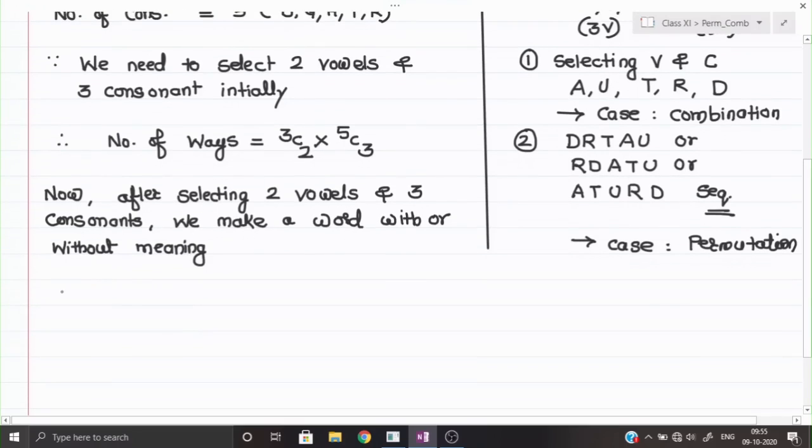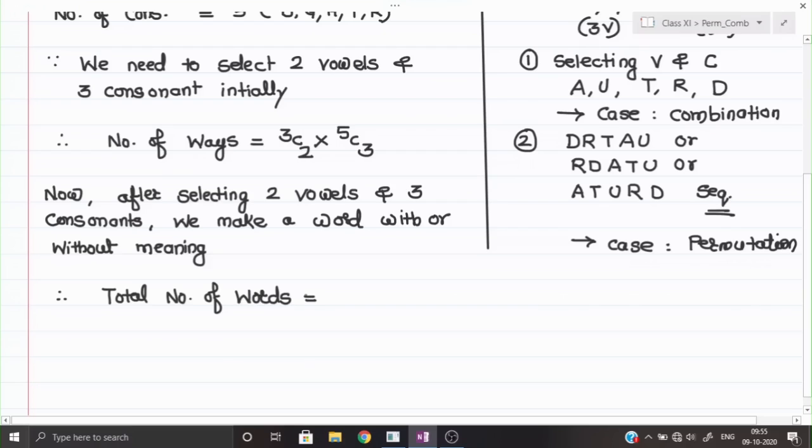So that we will write down, therefore total number of words. How many words can be formed? Now see, how many total letters we have.